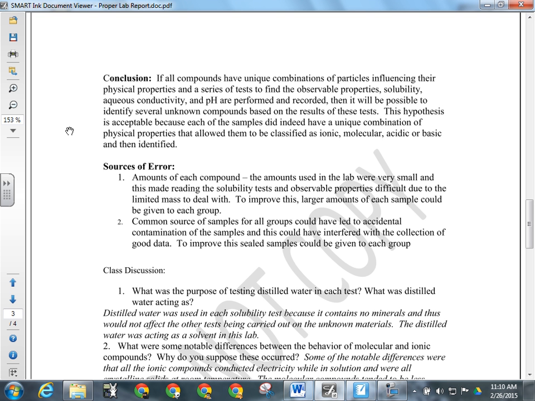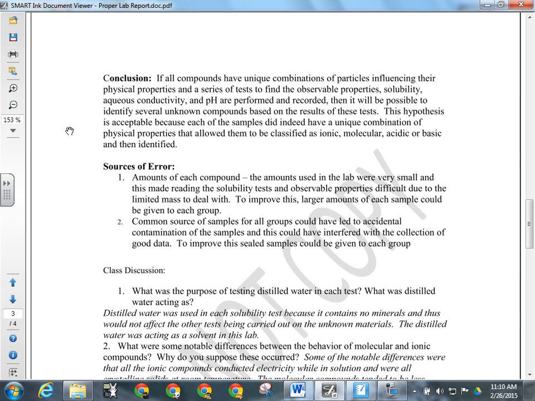So, this hypothesis is acceptable because each of the samples did have unique physical properties. There was not one thing in there that had an exact same line of observations as any other. Okay, so they had a unique combination of physical properties, and that allowed them to be classified as ionic or molecular, as acids and bases, and then identified.